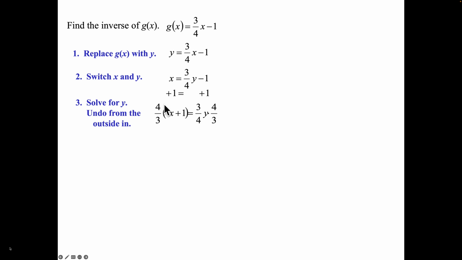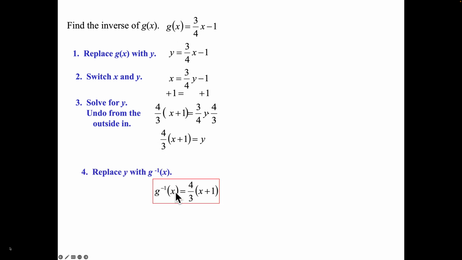Put parentheses around the left side. 4/3 times the binomial x plus 1. You do not have to distribute it. Just leave it. You got y by itself. Now put in the inverse notation for the g function. The inverse of g of x is 4/3 times the parentheses x plus 1.